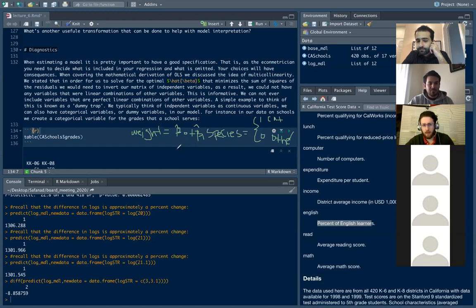Beta 0 plus beta 1 times the species, which is a 1 if it's a cat. So it's beta 0 plus beta 1. Basically, whenever I have a categorical variable, I'm essentially fitting two different intercepts.